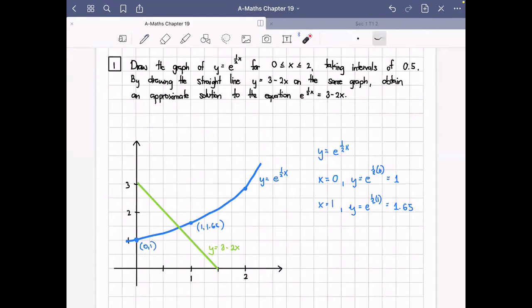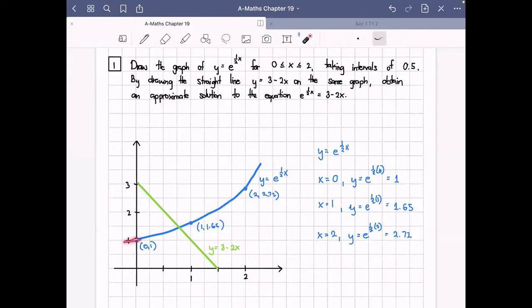How about this point here? It's x equals 2, so y is equal to e raised to half of 2, or 2.72. So this is 2 and 2.72.